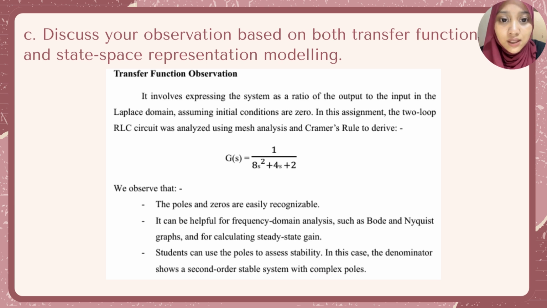In this assignment, the two-loop RLC circuit was analyzed using mesh analysis and Cramer's rule to derive G(s) equal to 1 over 8s squared plus 4s plus 2. We observed that the pole and zero are easily recognizable, and it can be helpful for frequency domain analysis such as Bode and Nyquist graphs and for calculating steady state gain.